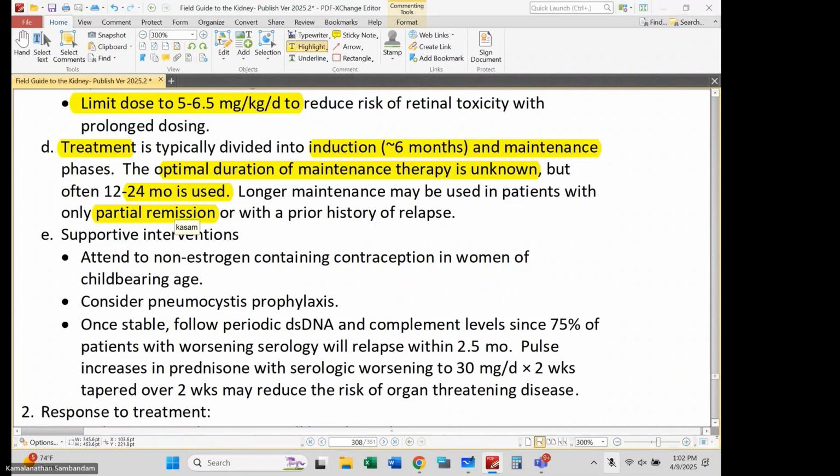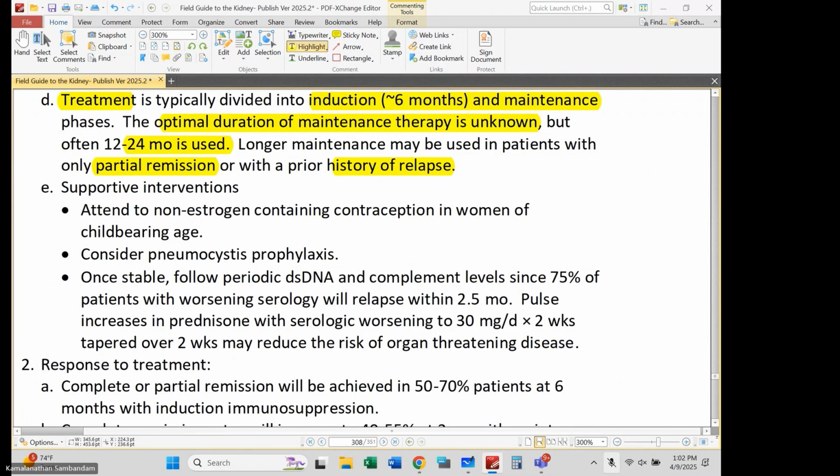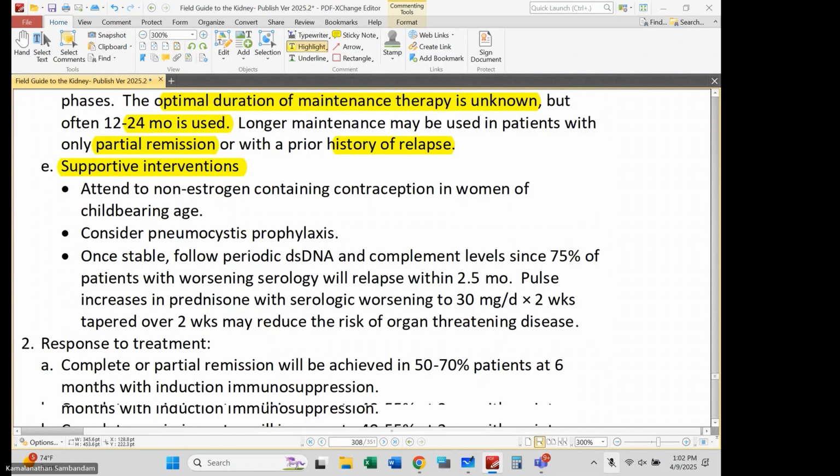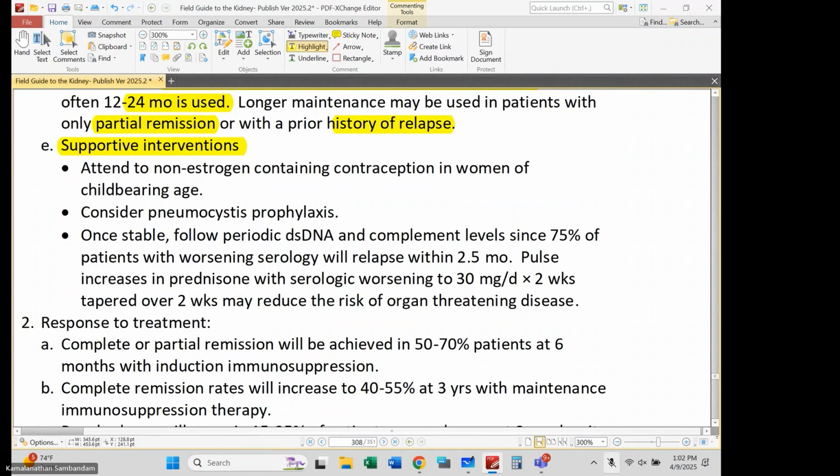If you think there's smoldering lupus and you start pulling back on immunosuppression, well, what do you expect to happen? Things to accelerate. So you're not going to necessarily stop at 2 years. Or if you have somebody who's already relapsed 3 times, in that scenario, you might also say, gosh, we're not going to stop anytime soon, because every time I've stopped in the past, you've relapsed. So that's going to also be a determinant of duration of therapy in some cases. Okay.